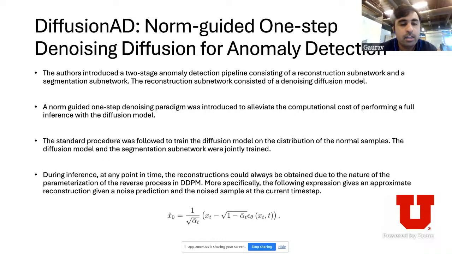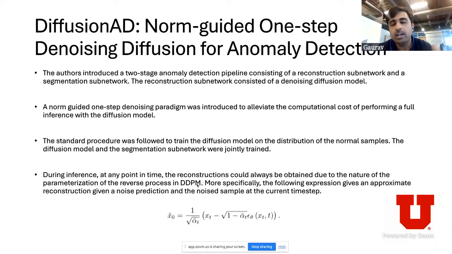The standard procedure was followed to train the diffusion model on the distribution of the normal samples. Basically, the noise prediction was used as an objective function to train the diffusion model. The diffusion model and the segmentation subnetwork were jointly trained. During inference, at any point in time, the reconstructions could always be obtained due to the nature of the parameterization of the reverse process in DDPM.